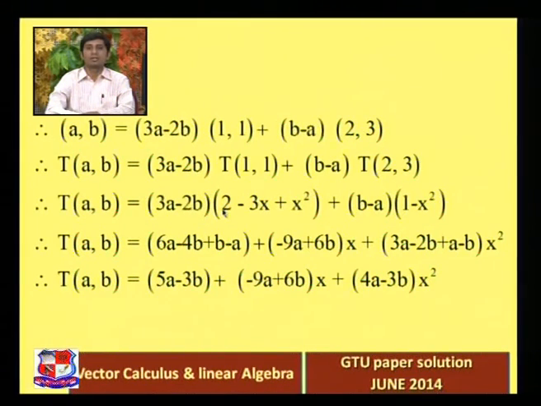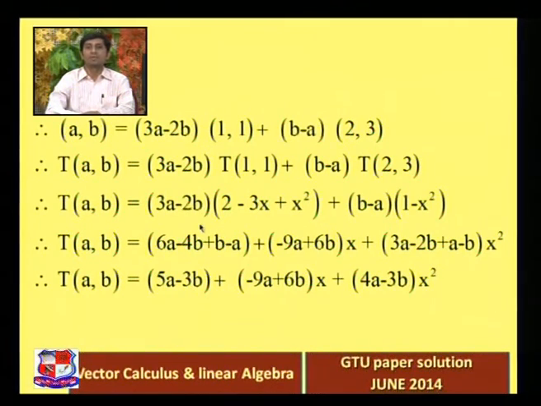The constant term is 2 into 3a minus 2b, so you get 6a minus 4b, then 1 into b minus a, so plus b minus a. So you will get 6a minus a, that is 5a, minus 4b plus b, that is minus 3b, correct?